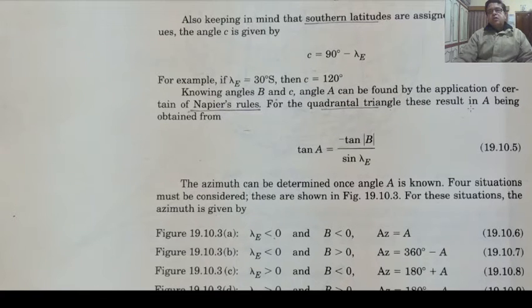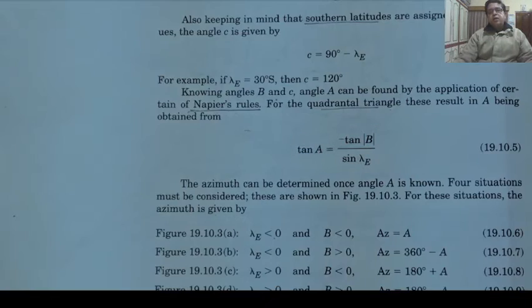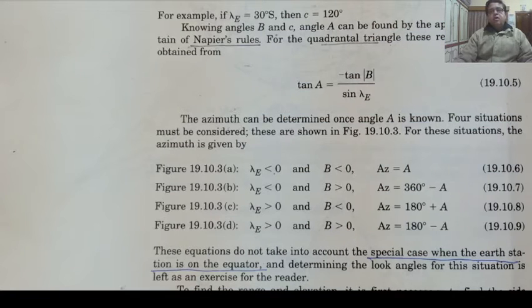These result in A being obtained from tangent A equals minus tangent magnitude of B upon sine lambda E. The azimuth can be determined once angle A is known. If angle A is known, you can calculate the azimuth.